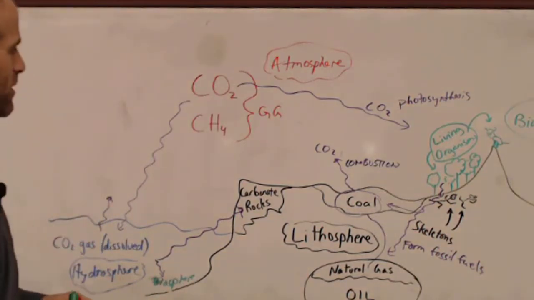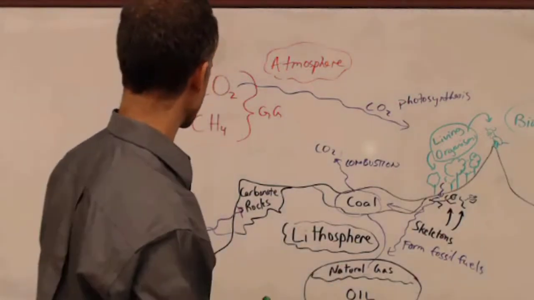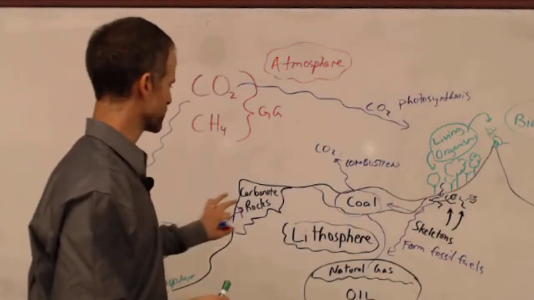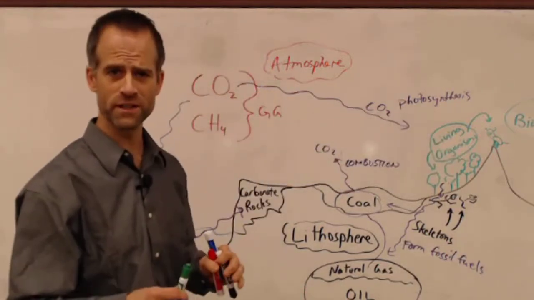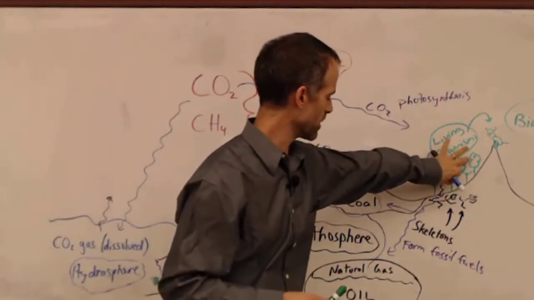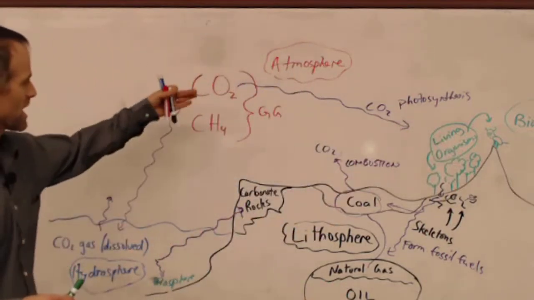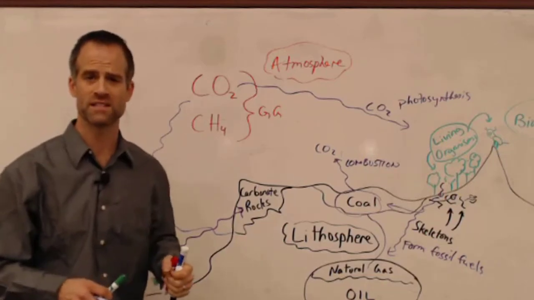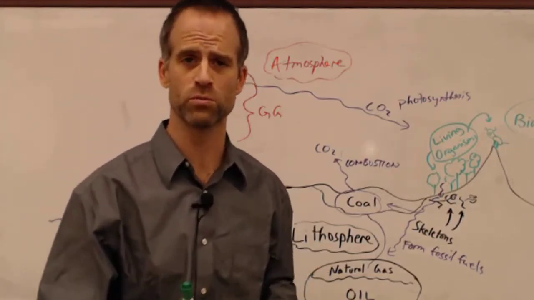There's a lot going on here. I'm probably missing something, but I think you get the idea that you have carbon in those four spheres. They are stored in the biosphere, in the lithosphere, in the hydrosphere, and the atmosphere. The atmosphere is the worst of those because it's contributing to our current problem of global warming.